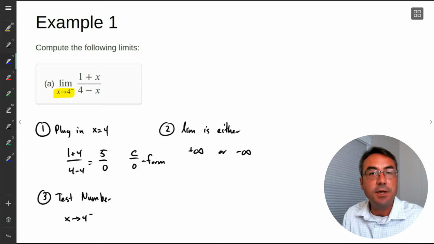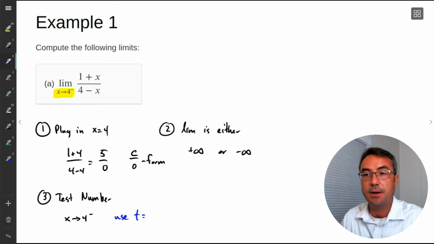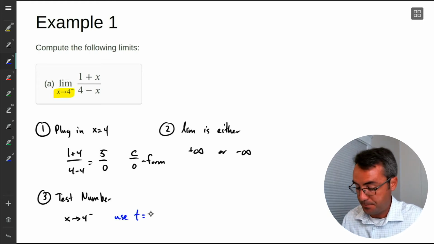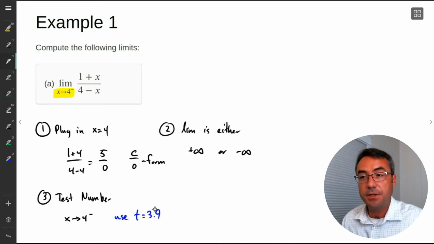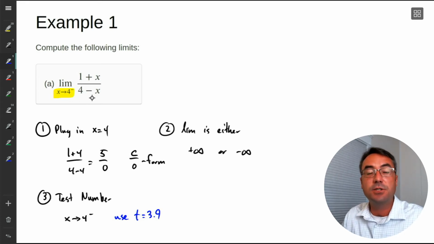So we have some choices here. One choice, we could take our test number to be 3.9. It's close to the number 4, but we've subtracted a little bit. It's slightly smaller. It's on the left side of 4. So we could use this test number. And what we're going to do is plug it into this function and see if we get a positive number or a negative number.